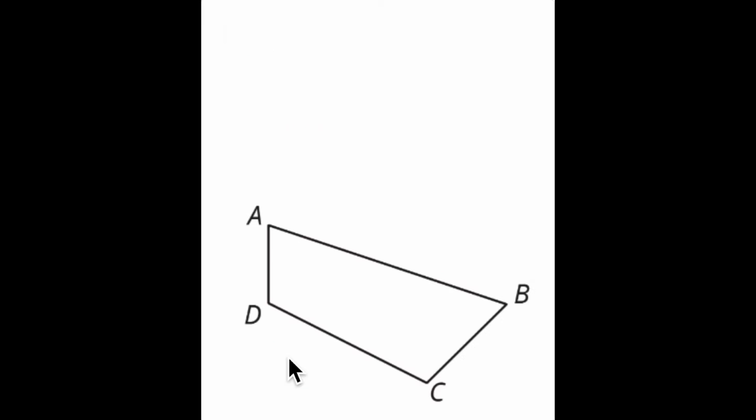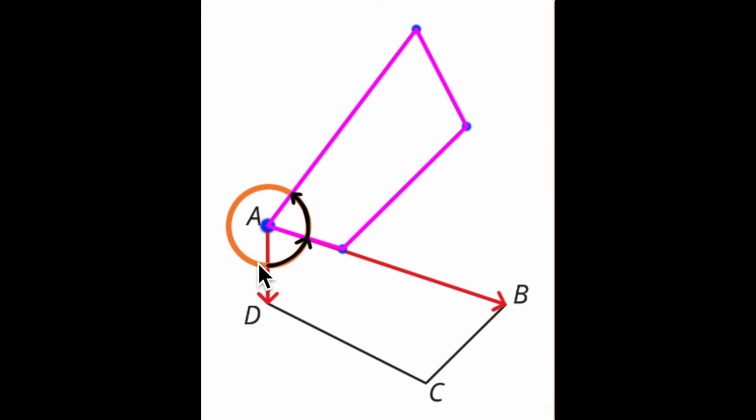So a rotation around point A, and the size of that rotation, or the number of degrees of that rotation, is angle DAB. So here's angle DAB. Figure ABCD is going to rotate counterclockwise, so the direction opposite of a clock.